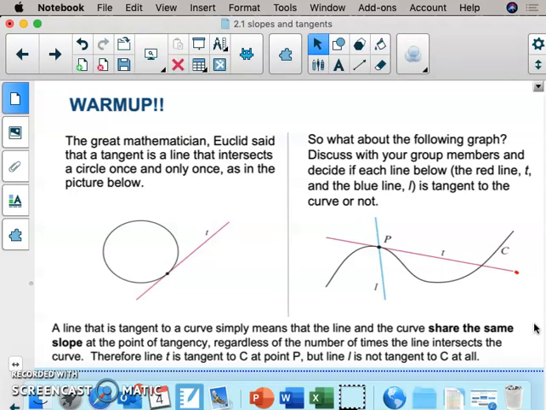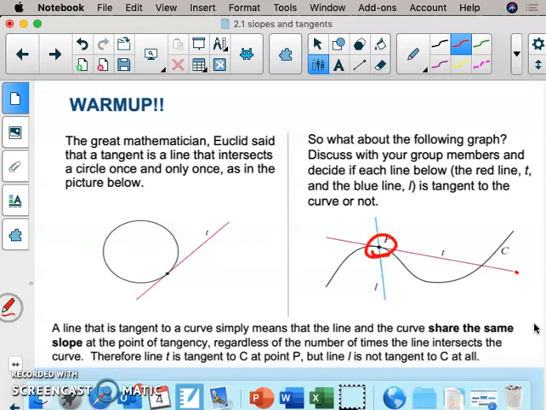So this line can intersect the curve at 42 other spots. That doesn't matter as long as at the point that we're focusing on, it has the same slope as the curve. Now, line T is tangent to curve C at point P. However, it is not tangent over here at that point because at this point they don't have the same slope.